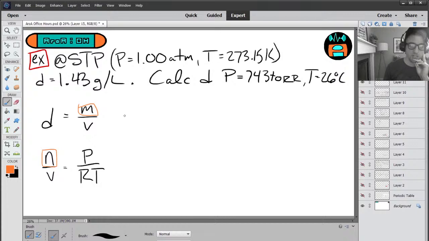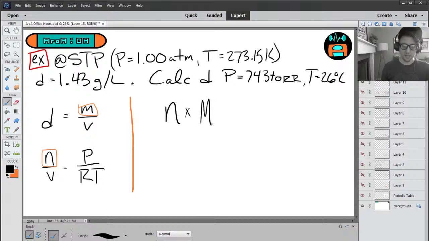And that relationship is if you take your moles and multiply by the molecular weight, it equals your mass in grams, right?